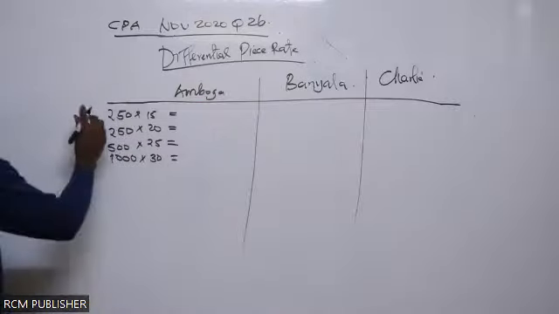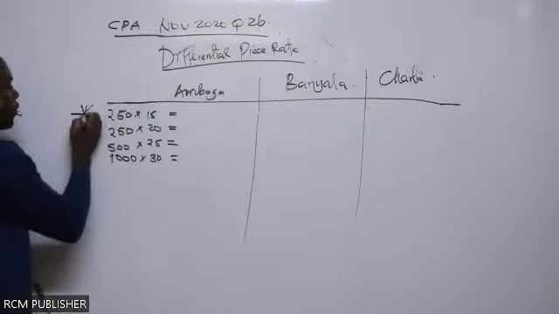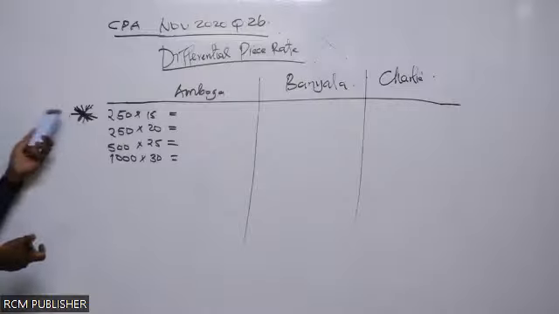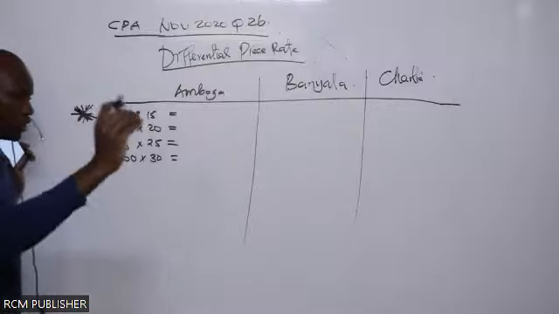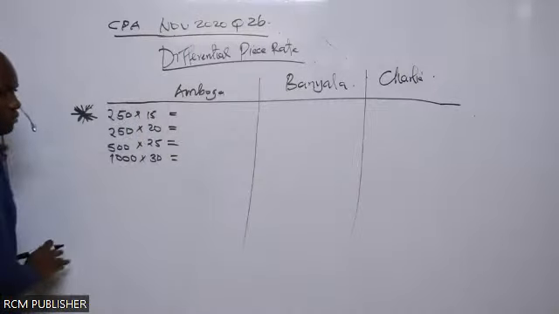The first schedule is here. This first schedule is where we deduct the spoiled units. So how many spoiled units were we having for hamburger? We have 200.